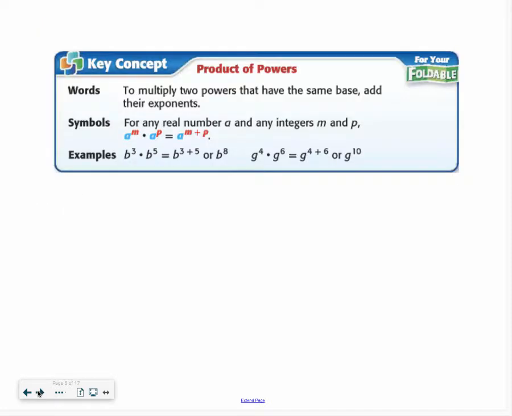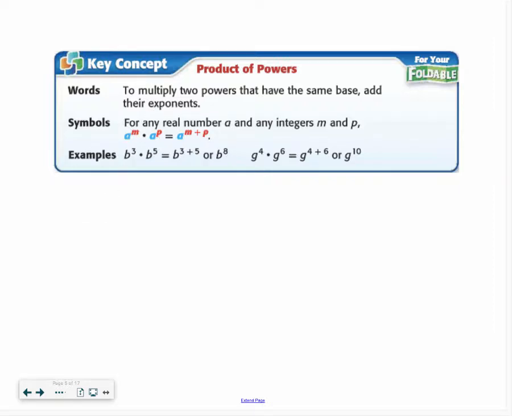Example 2, or before example 2, we're going to talk about the product of powers. Hopefully this is review for you. But if you have a variable, so in this case a, and it's two different numbers for powers, all you have to do is add them.